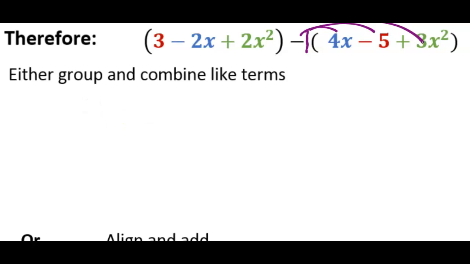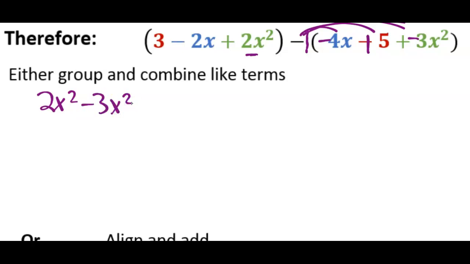I would have, let's see, my x squared's got to go first. 2x squared. What do I have over here? Well, over here, because of this, I have to change the sign of all of these here, right? And so then I'm going to have a minus 3x squared.